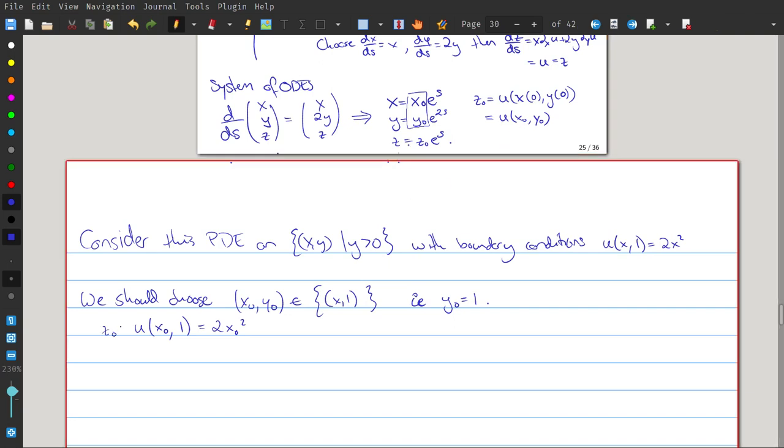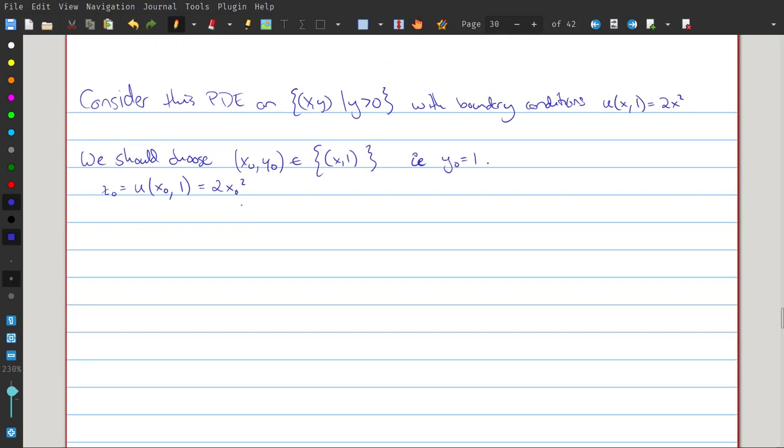So z0 is equal to 2x0 squared. So now our system of equations becomes x is equal to x0 e to the s, y is equal to 1 e to the 2s, and z is equal to 2x0 squared e to the s.